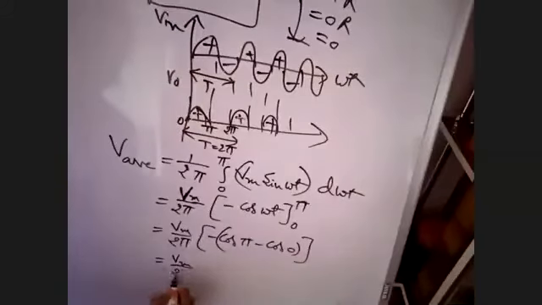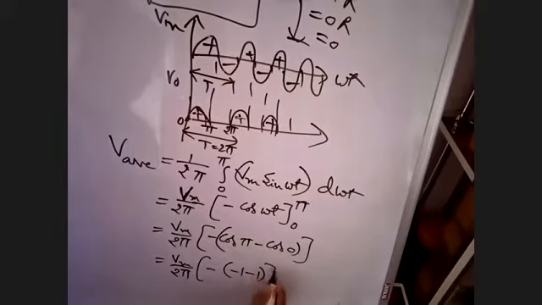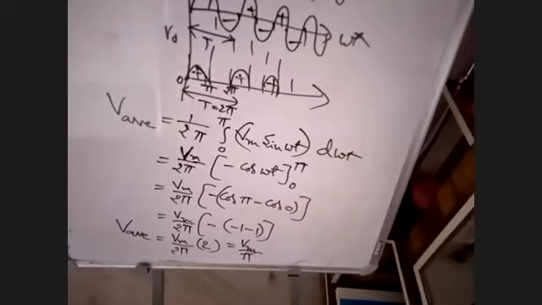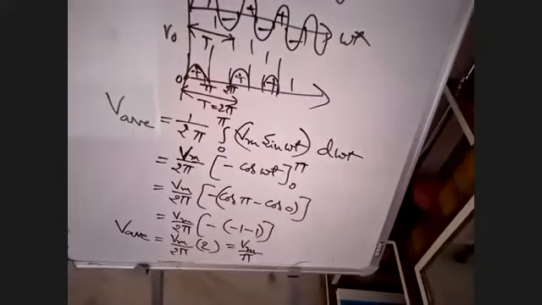Write down. That is the V average. Average voltage is equal to Vm by pi.